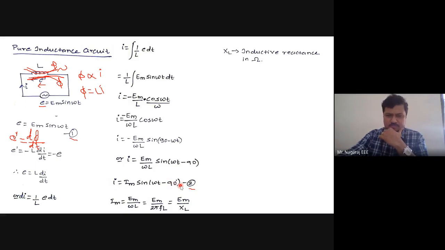What omega t minus 90 indicates is that this current is 90 degrees behind the voltage. The current in a pure inductance circuit is lagging behind voltage by an angle of 90 degrees.